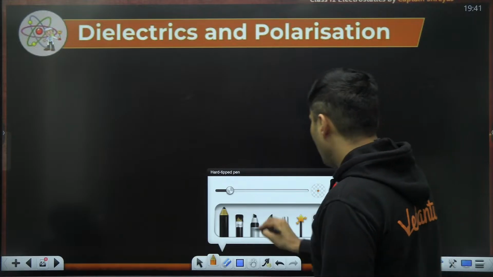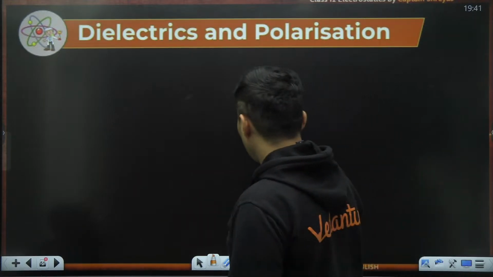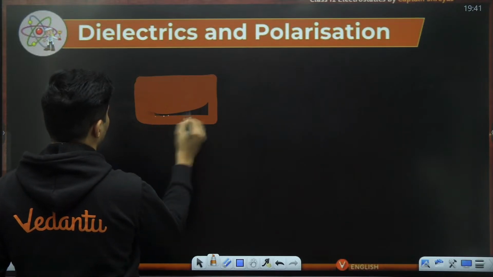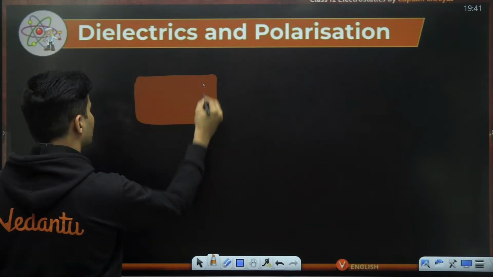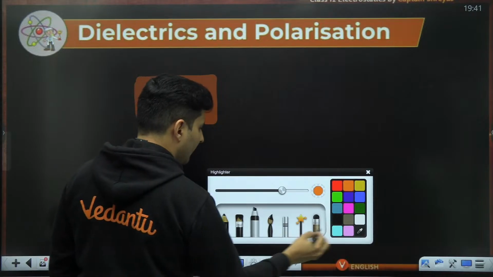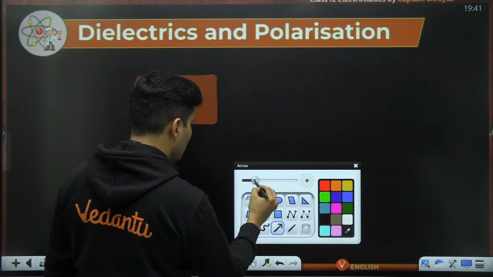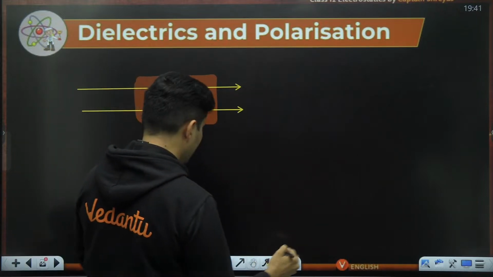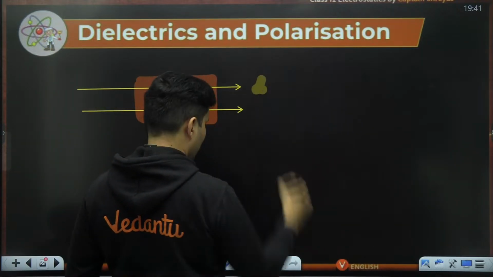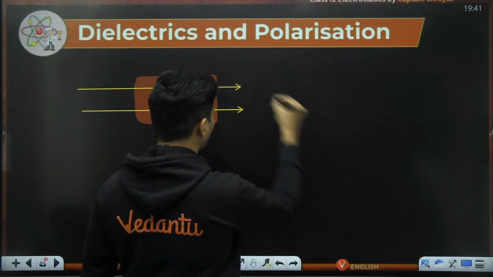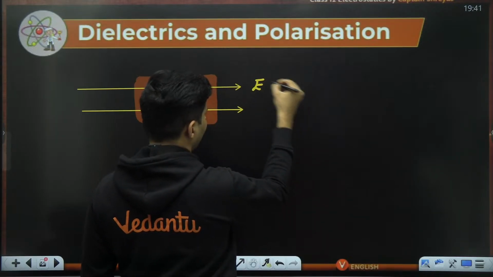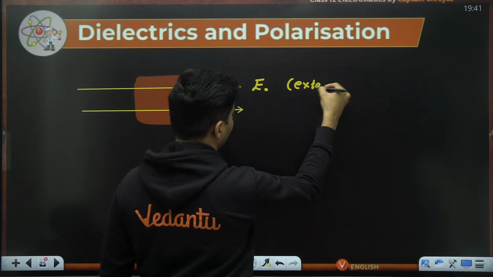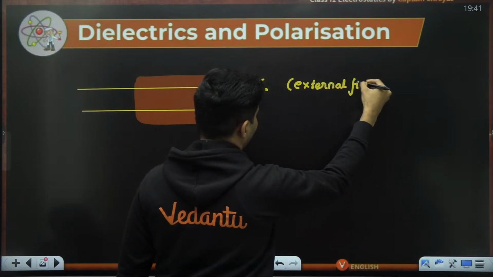Imagine you have a medium, air, water, glass, wood, anything, and from outside you have some kind of electric field which is entering it. This E naught is basically your external field.